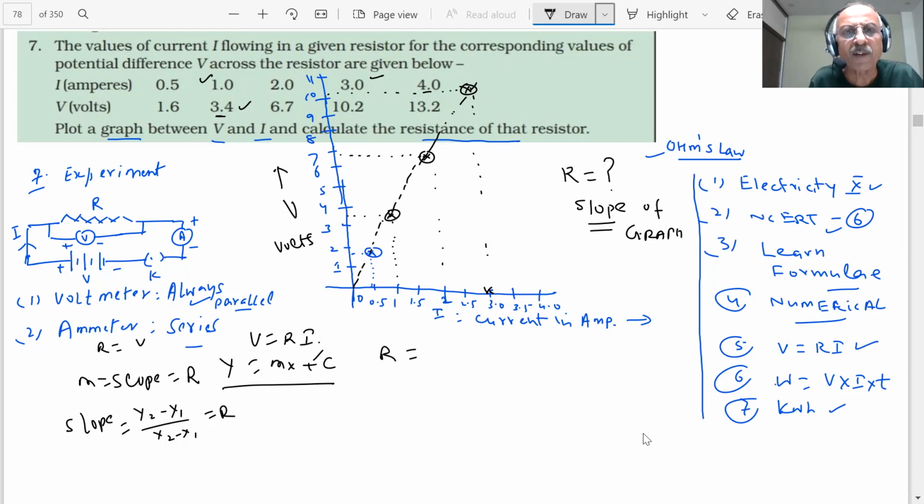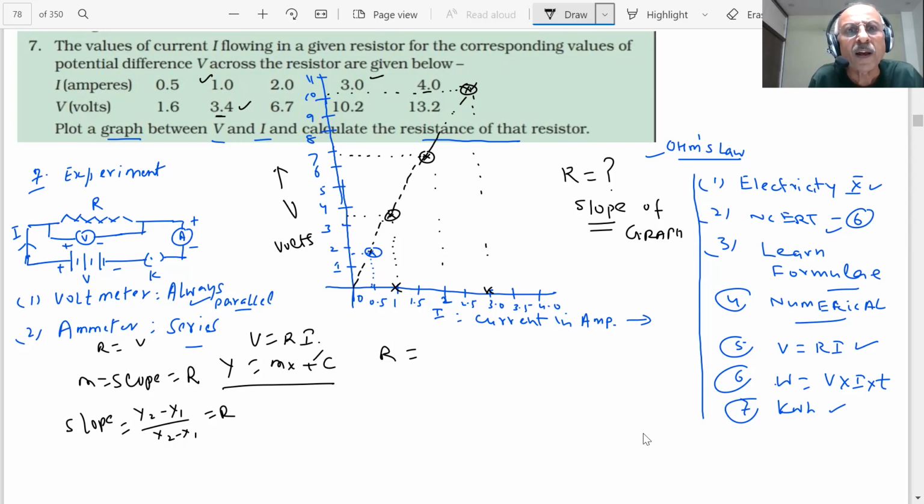R, if I calculate, you can take any two values. I'm taking 2 amperes and 3 amperes value. At 2 amperes and 3 amperes, what is the value? If I'm taking 1 ampere, where is 1 ampere? This point. What is the value at 1 ampere? 3.4 volt.